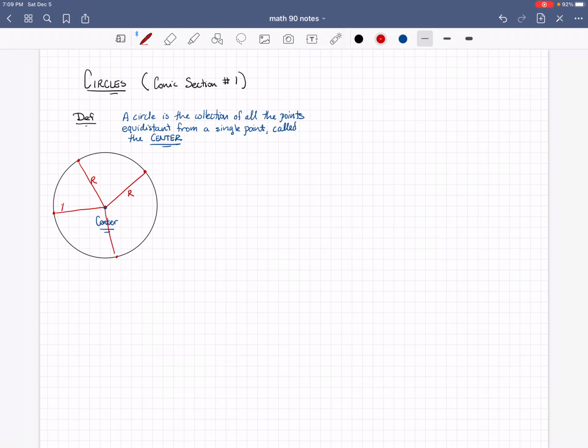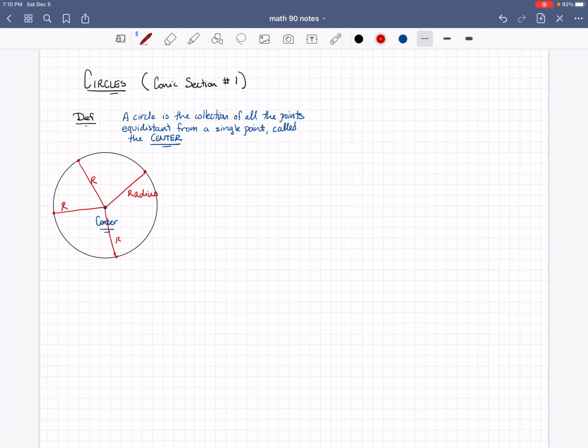And you'll notice that I'm labeling these lengths with the letter R because that is called the radius of the circle. Okay? So that's the geometric idea, that if I take any point at all on the outside of the circle, and I look at its distance to the center, it's always going to be the same.